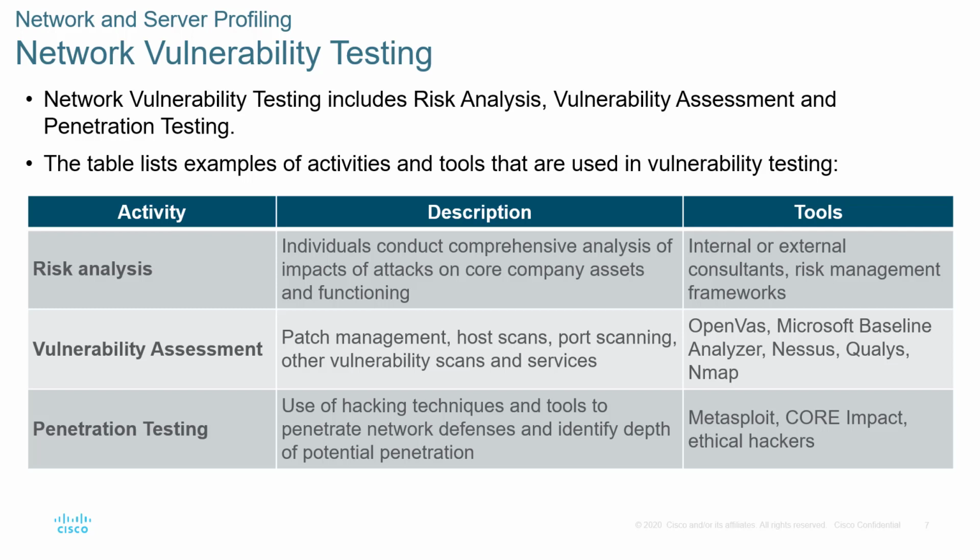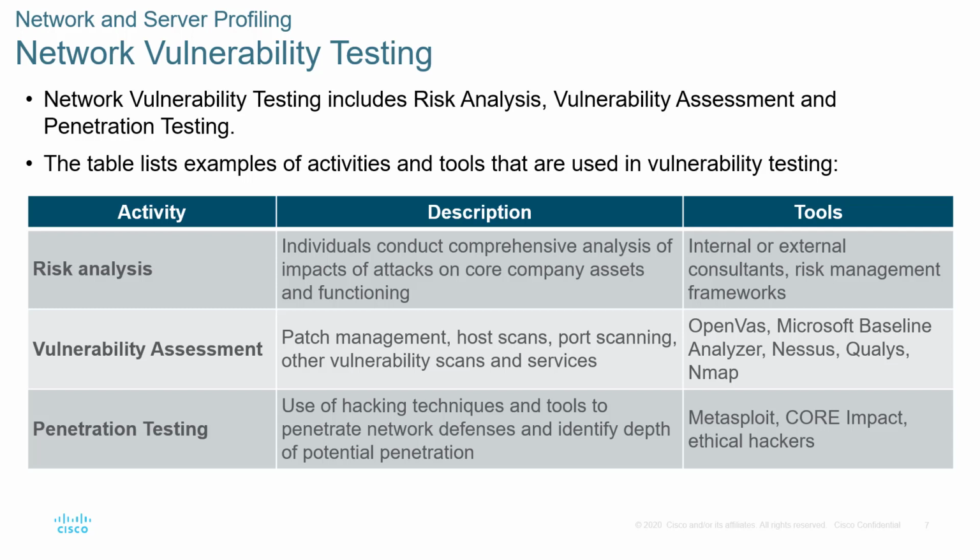That could be an internal or external risk management or risk flow. Vulnerability assessment, that's going to be things like port scanning, patch management, patch scanning, as well as vulnerability scanning for both services, for profiles, and for general structure of our network.